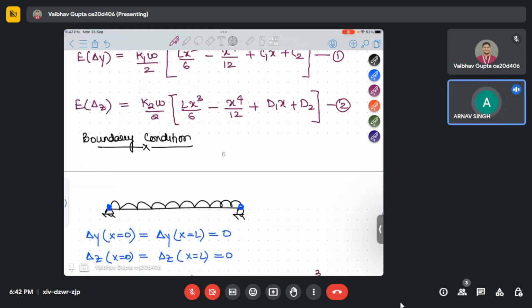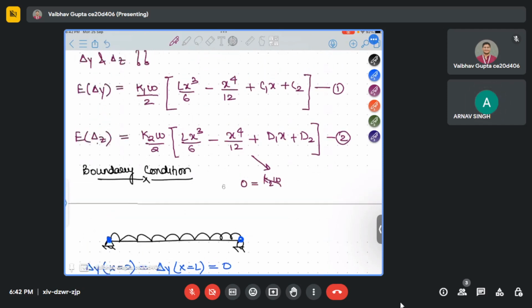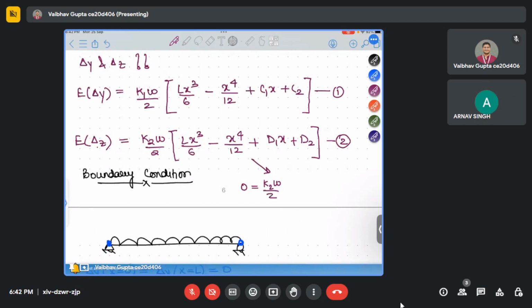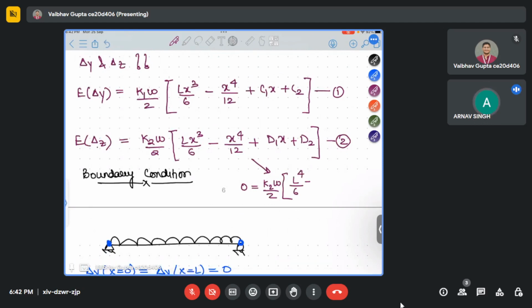See here, you put L. This delta z is 0 at L, so our left hand side becomes 0. K2 W by 2, inside you put L, so it becomes L4 by 6, and this becomes L4 by 12.